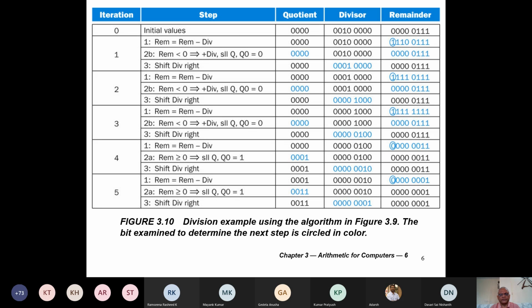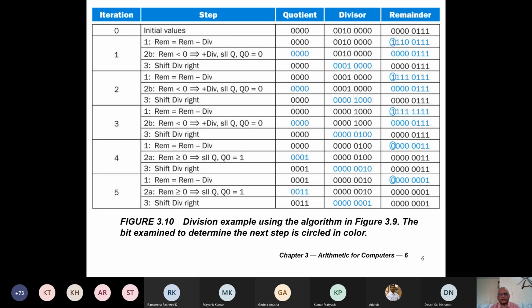And first time once we perform remainder minus divisor, we get a negative number here. Observe the 1 here and then restore back by performing addition. And then we shift the divisor to the right by 1 bit. So 0010 becomes 0001.